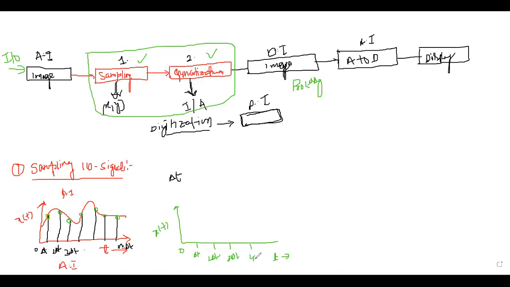And next is your 4 delta t, and so on. Now this is my first point. In this axis, this is my second point. This is my third point. This is my fourth point. Like this.